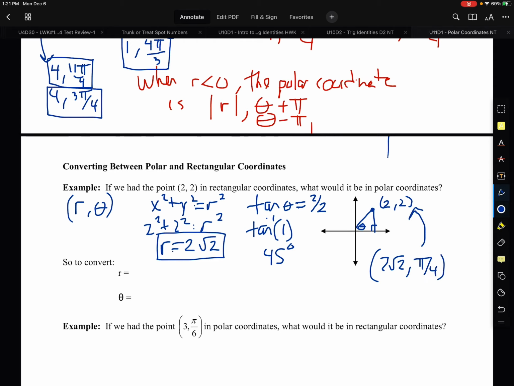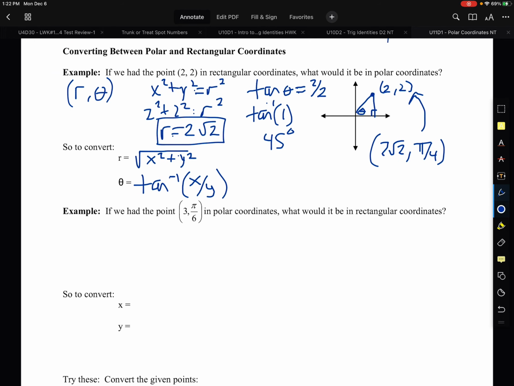These are the exact same things. One is a rectangular xy axis and one is a polar coordinate. Same spot, different idea. So one thing that's going to be consistent is to find your radius, take the square root of x squared plus y squared. To find theta, always take the inverse tan of y over x. That holds true every single time.